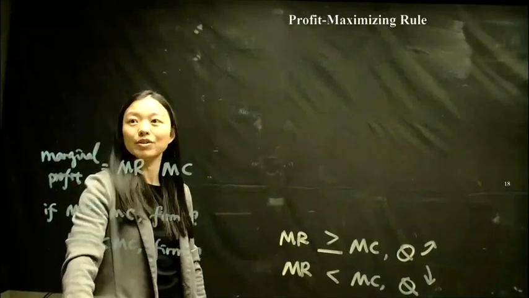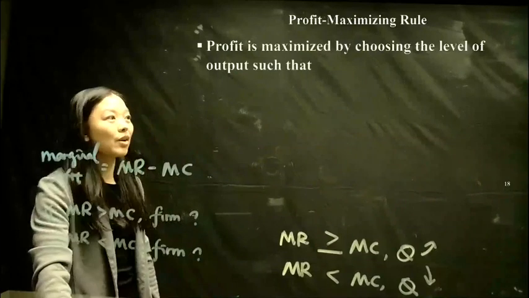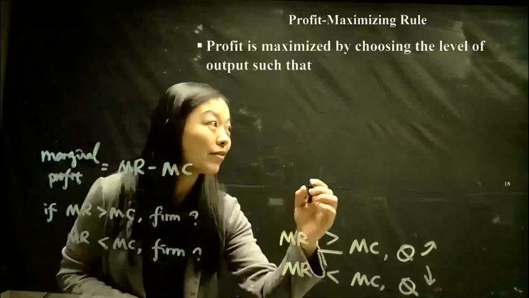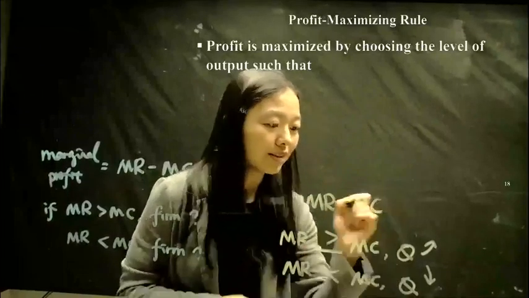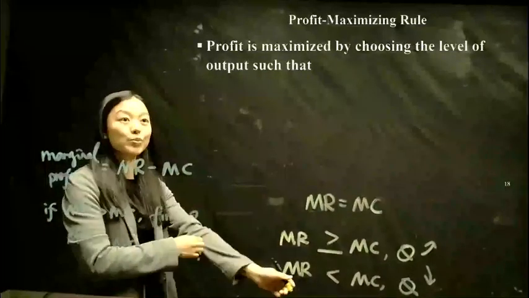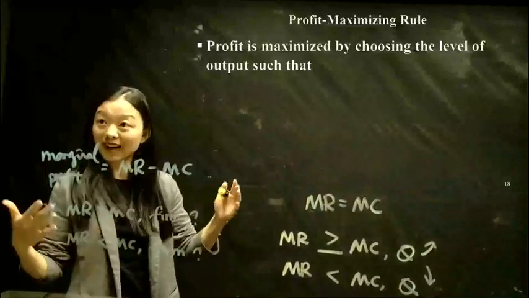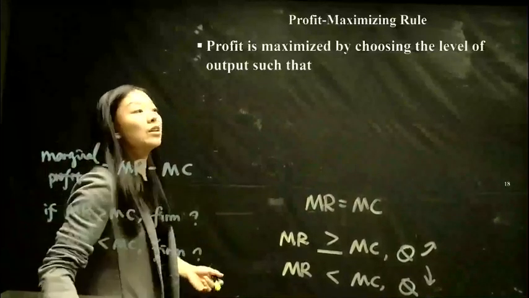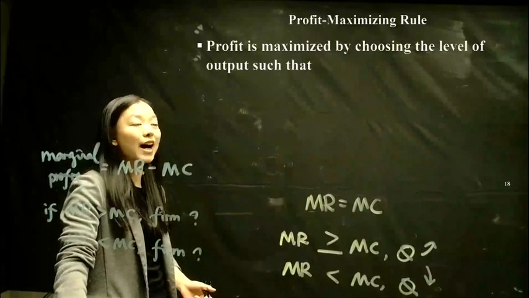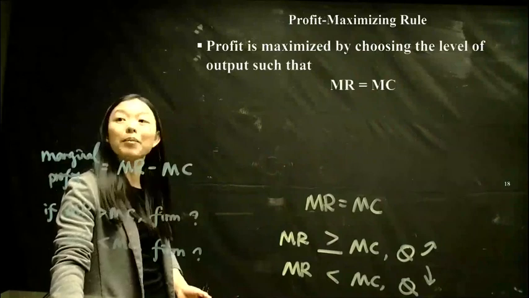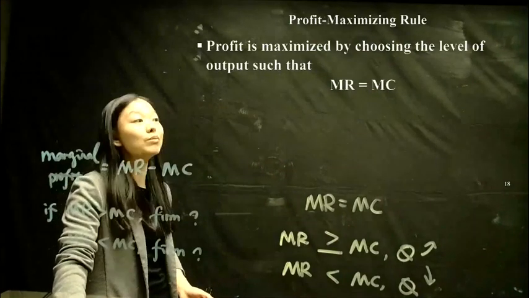Okay, when will the firm stop producing? When the marginal revenue equals marginal cost, then the firm will not produce anymore. They will not cut down production anymore. Okay, so profit is maximized by choosing the level of output that makes marginal revenue equal marginal cost.